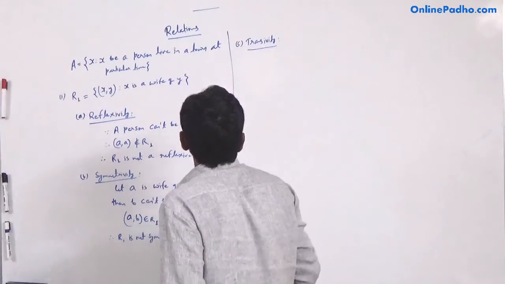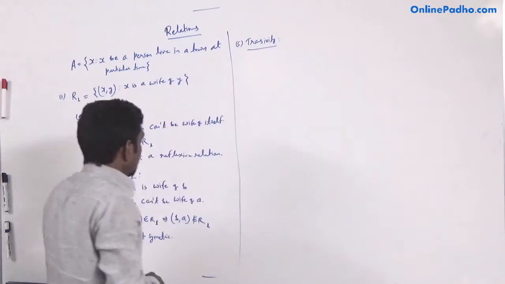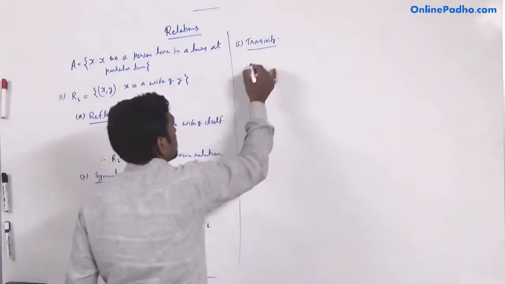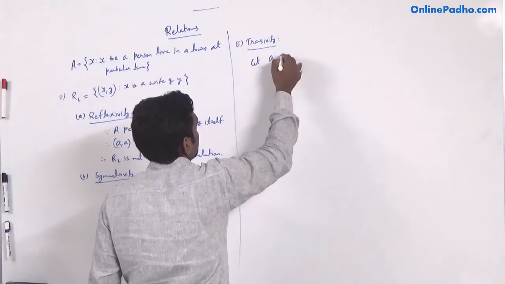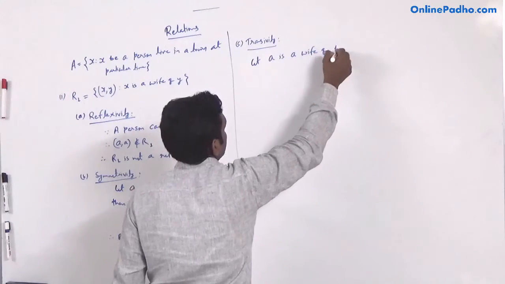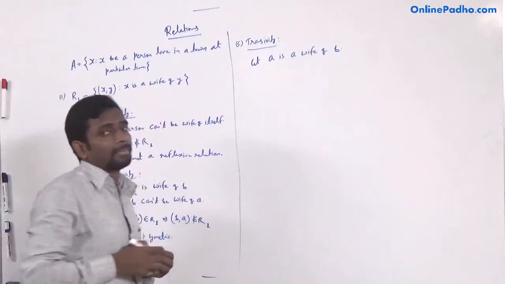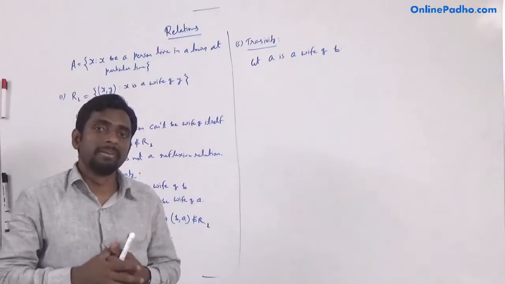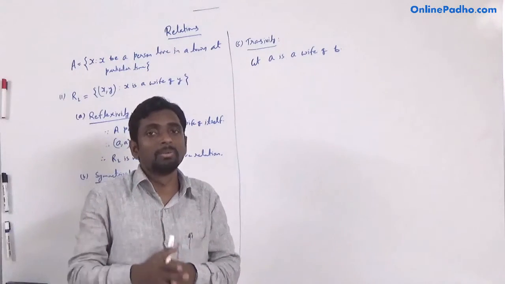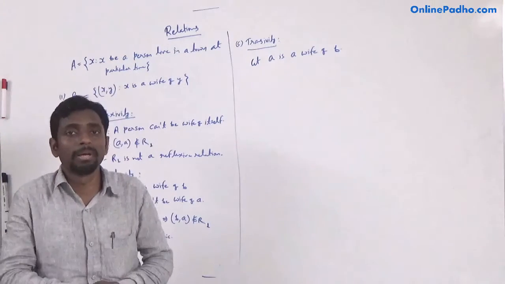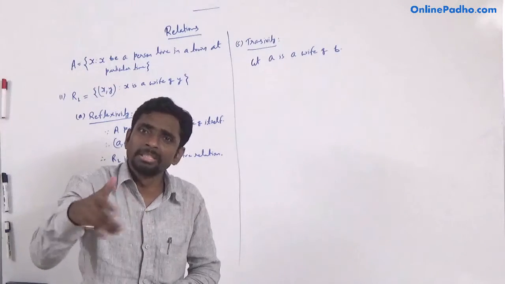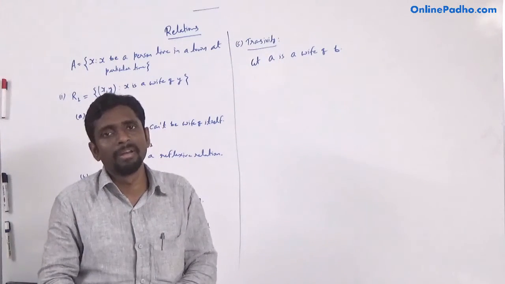Let A be a wife of B. First part: if (A, B) belongs to R and (B, C) belongs to R, then (A, C) must belong to R. And if (A, B) belongs to R and (B, C) does not belong to R, that is also a transitive relation.